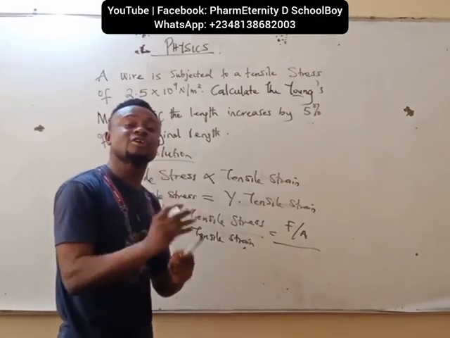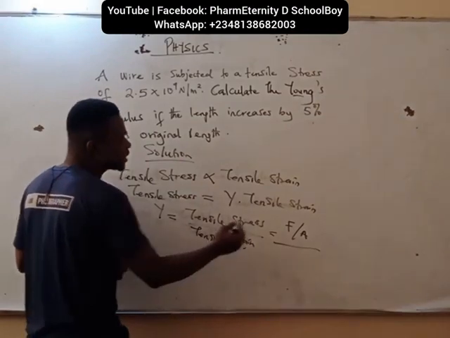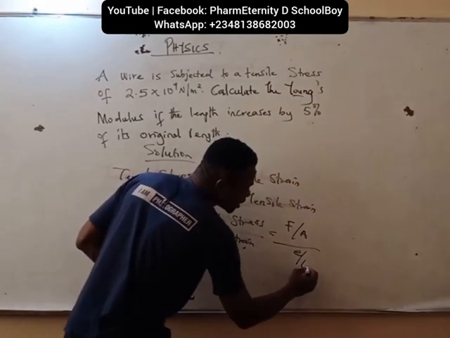So let the extension be E and the original length of the material be L. So tensile strain is E over L.